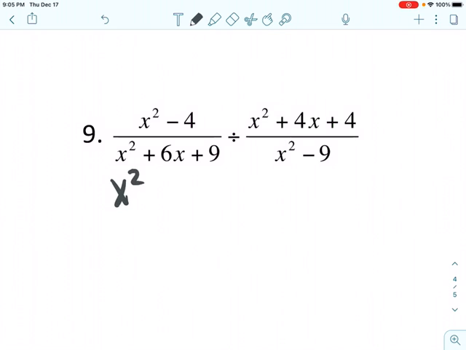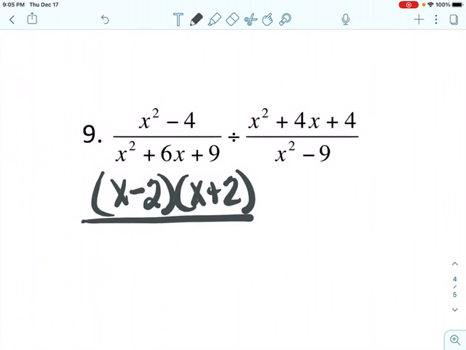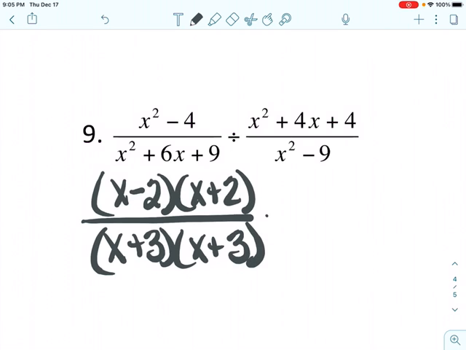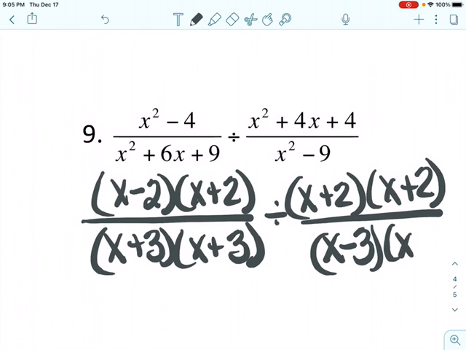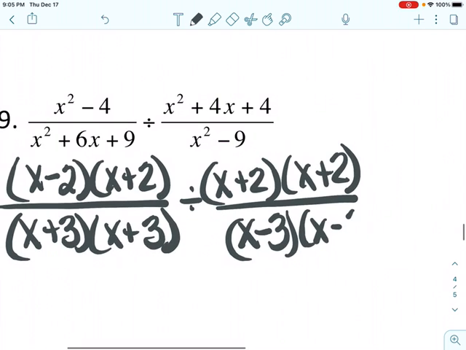All right, so we're going to factor first. I'm going to leave it division until I factor everything, so I can state my restricted values before I flip the second fraction.